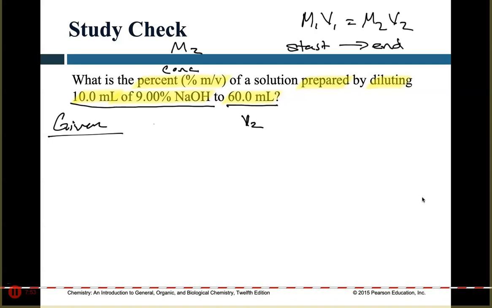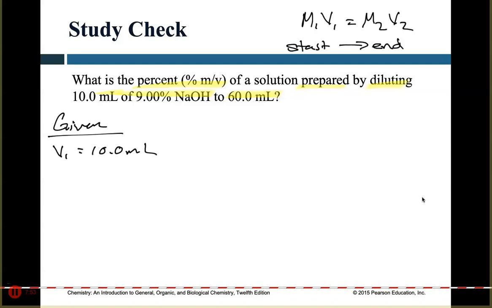So let's take this information then, and then dump it into our givens and finds. So we know we have a starting volume of 10 milliliters. That's starting concentration. Oh, let's see. We'll leave it this way, keep consistent. That starting concentration happens to be in mass per volume.